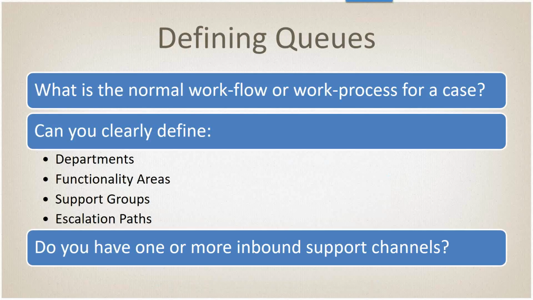Do we have specific people or specific teams that work on one type of case or the other? Again, what are the departments, the functionality areas, the support group, the escalation path? All this needs to be documented, and then once it's documented, we can actually create a series of queues within the system that will hold that for everyone.